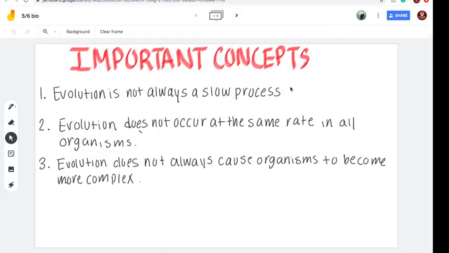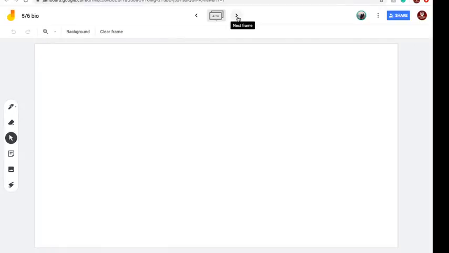For number four, let's move on to the next slide. Four, we have that evolution occurs in populations, not individuals.